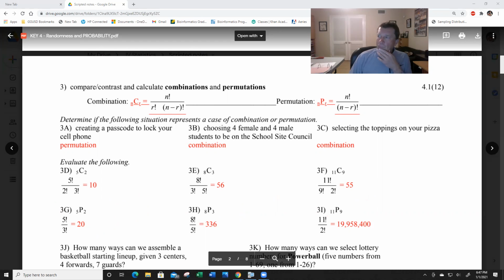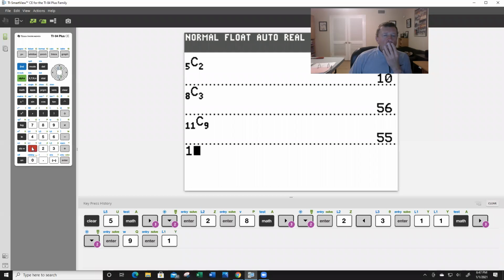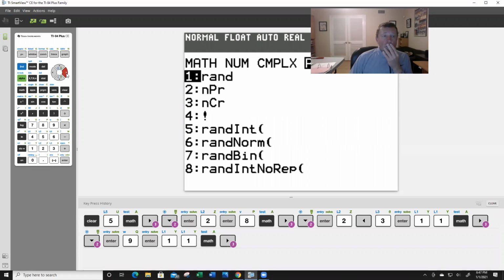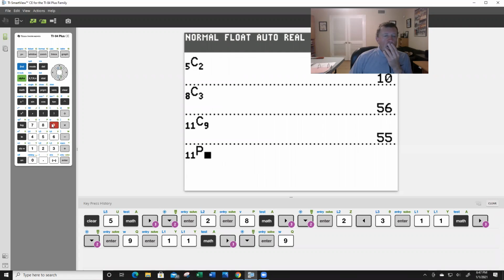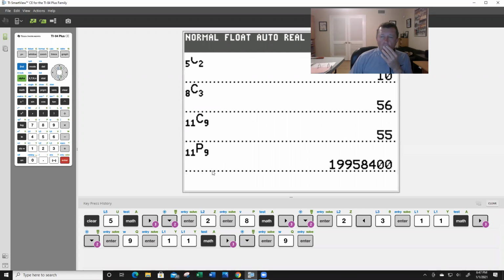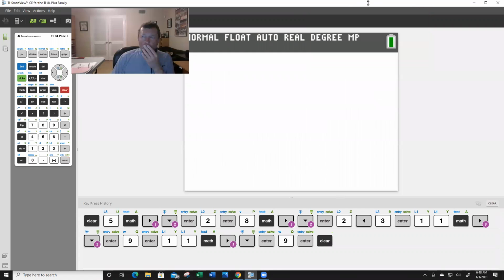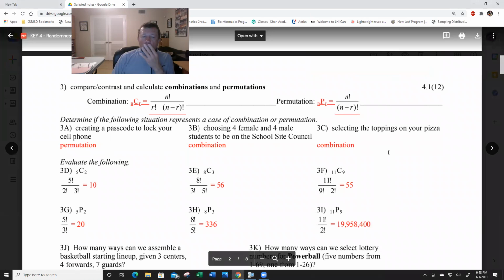We're going to go 11, math, probability, nPr 9. Massive number, but there it is.